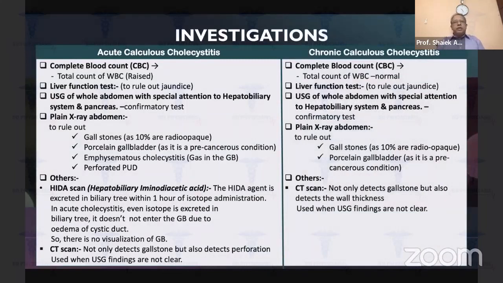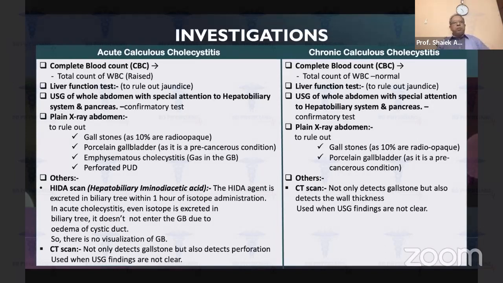Investigations are needed to differentiate acute calculous cholecystitis from chronic calculous cholecystitis. In acute calculous cholecystitis, the total WBC count is raised. Liver function tests are done to rule out jaundice. Ultrasound of the whole abdomen, with special attention to the hepatobiliary system and pancreas, is the confirmatory test.